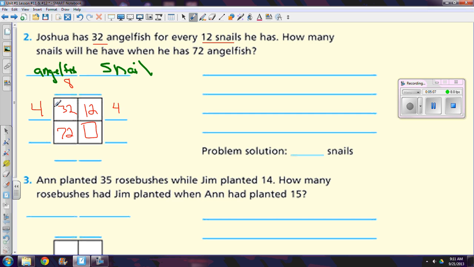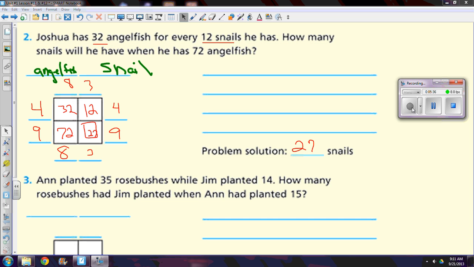Bring the 4 over. 4 goes into 12 3 times. Bring the 3 down. Bring the 8 down. 72 divided by 8 would be 9. Bring the 9 over. 9 times 3 is 27. So if we did our factor puzzle correctly, we should have 27 snails.